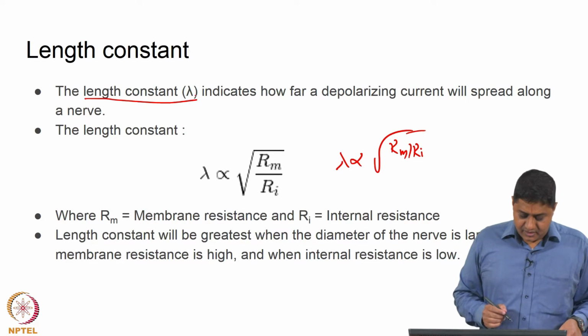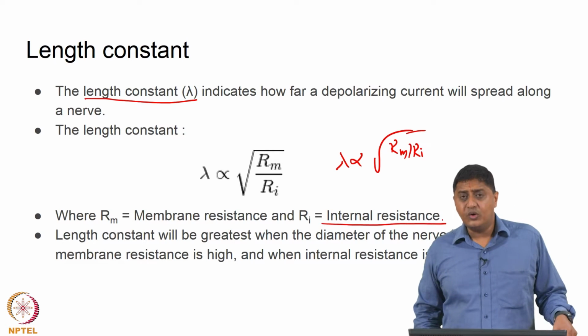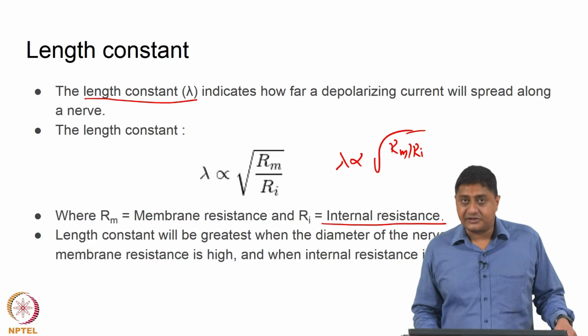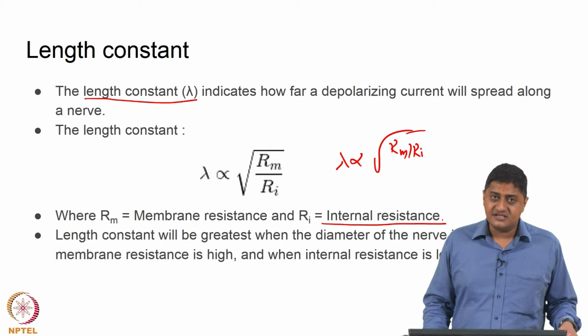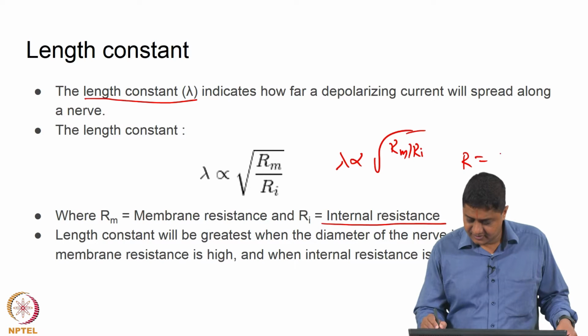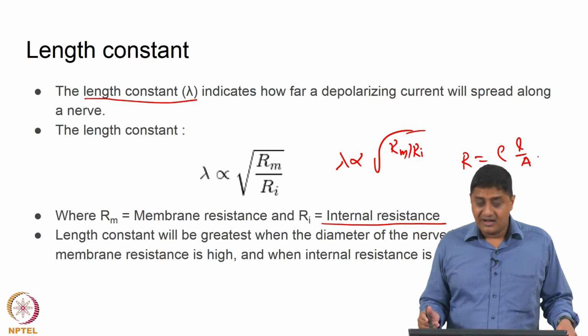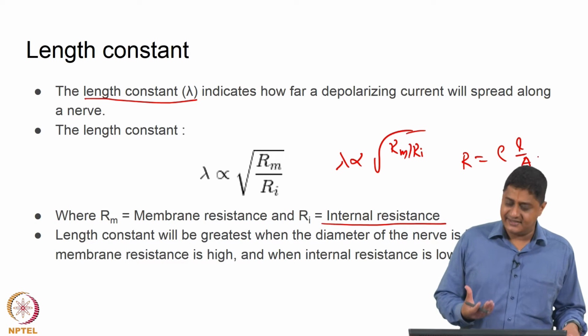Okay. Here Ri is the internal resistance, and we know something from metallic conductors, right, that their resistance is basically R is rho L by A. Basically as the length increases, the resistance increases, and as the area increases, the resistance decreases.